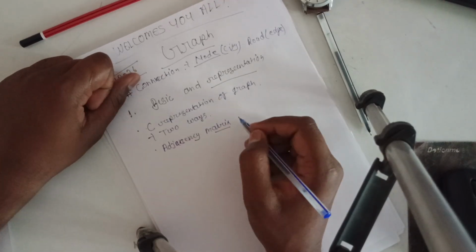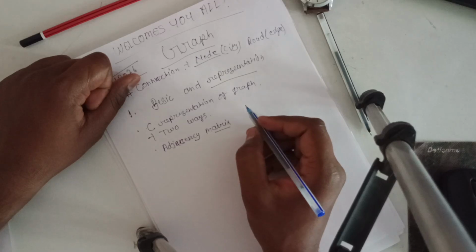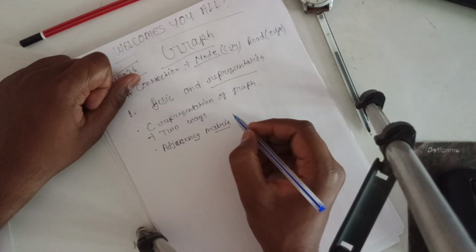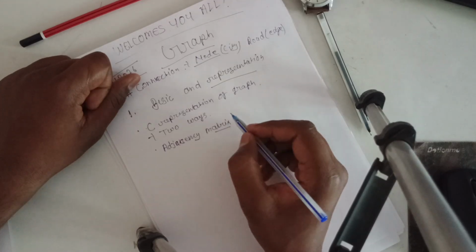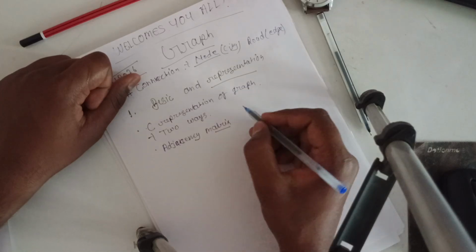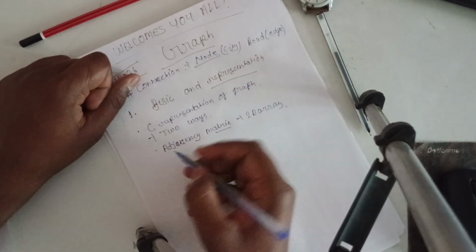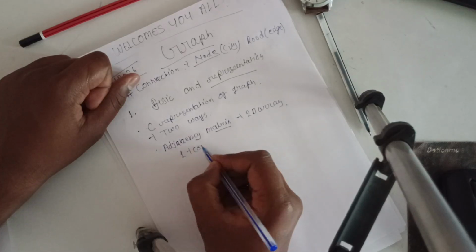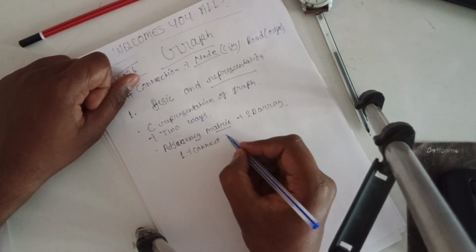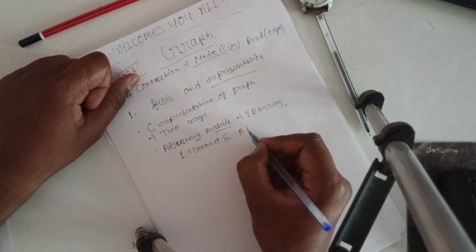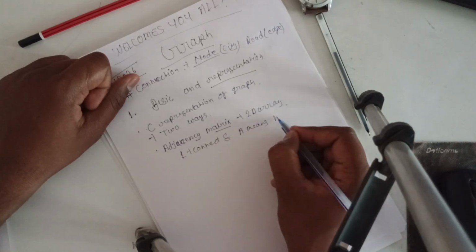Adjacency matrix is a two-way array where 1 means connection and 0 means no connection.